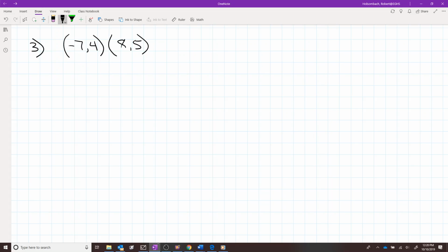So you're going to find the slope first. So your m is going to be equal to 5 minus 4 over 8 minus -7. 5 minus 4 is 1, and you keep change. So 1 over 15 is your slope.